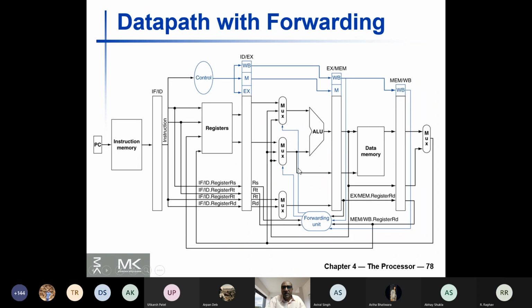Then it will appropriately forward, deciding whether to use the output from the direct register contents or one of these two forwarded inputs. So this is the data path for the forwarding circuitry in case of data hazards.